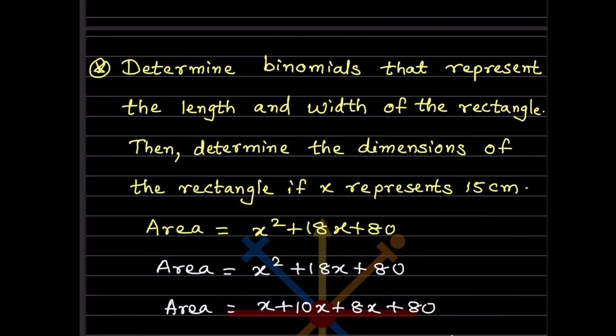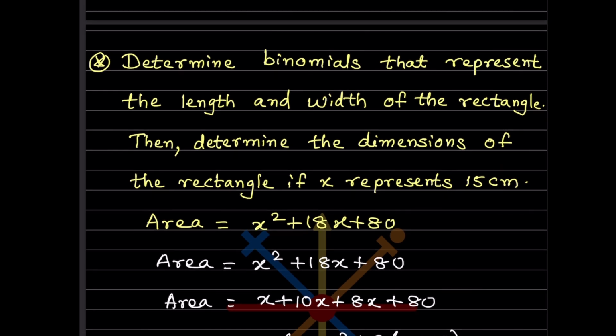So now the next question is, determine binomials that represent the length and width of the rectangle. Then determine the dimensions of the rectangle if x represents 15 centimeter. So now the area is given, that is x square plus 18x plus 80.